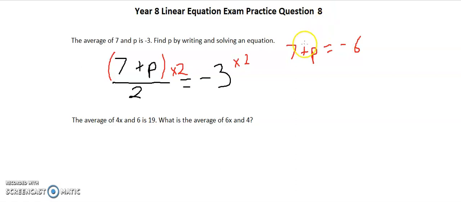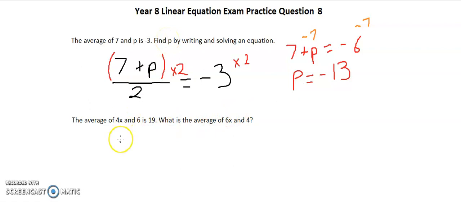The next thing I'm going to do is get rid of the 7, so I'm going to take 7 from both sides. And that leaves me with p. And that also leaves me with -6 minus 7 equals -13. So p must have been -13.